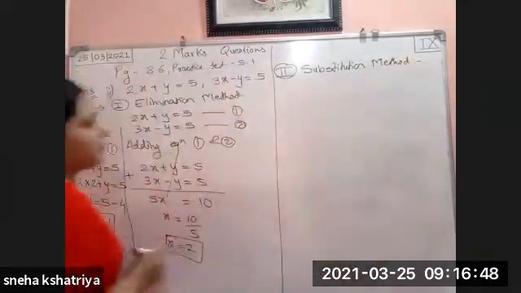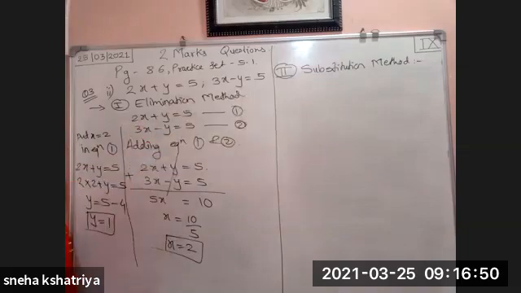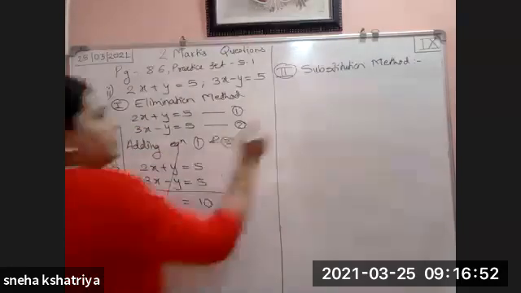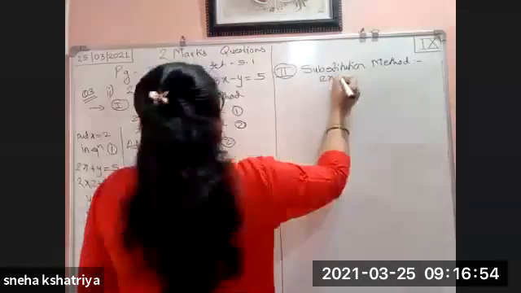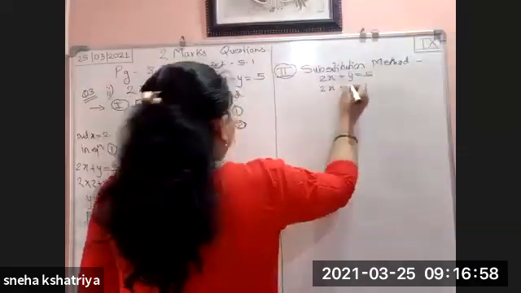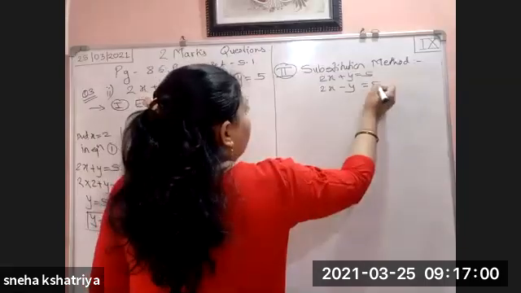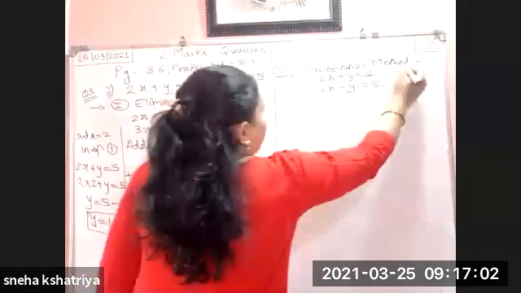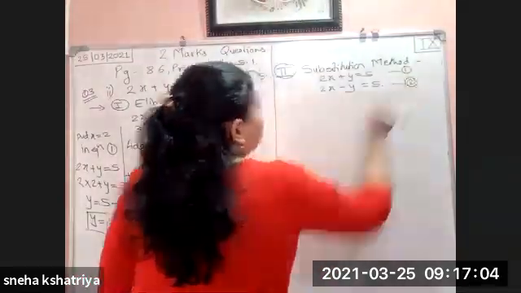Okay, substitution method. Again we will write down both the equations: 2x plus y is equal to 5, and 3x minus y is equal to 5. Equation 1 and equation 2.